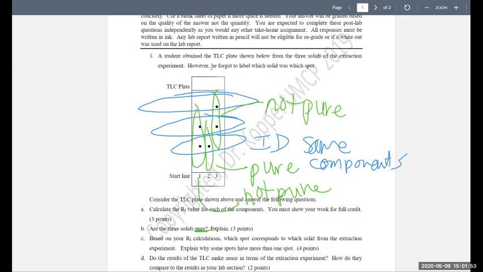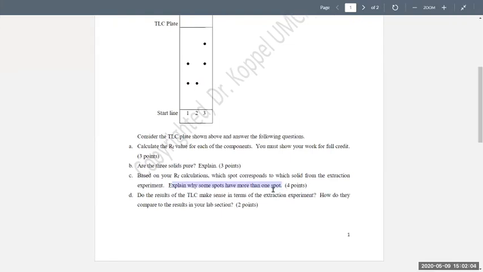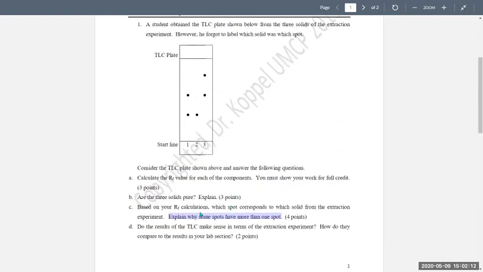This is something else, also with experiment 5, that maybe you should take note of. Again, just explain why one might have more than one spot. So here, this is talking about how you can have more than one spot in a band because this was done by extraction.